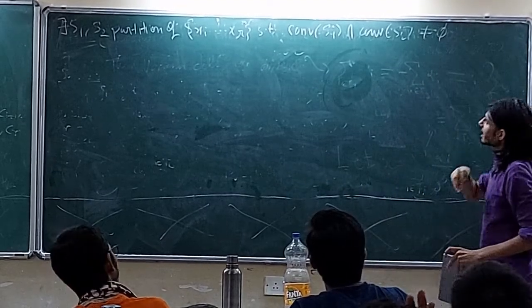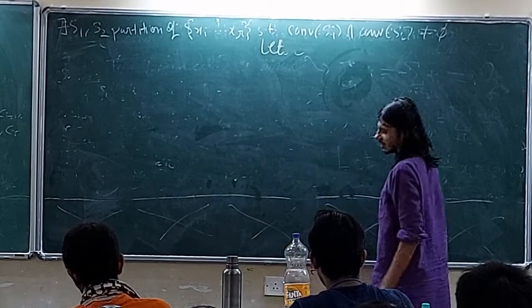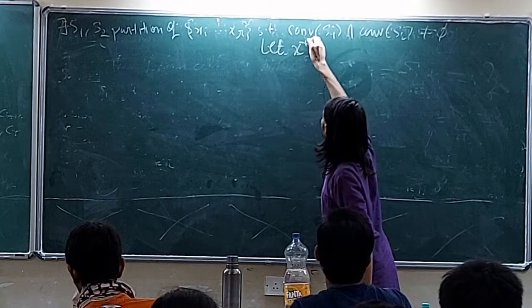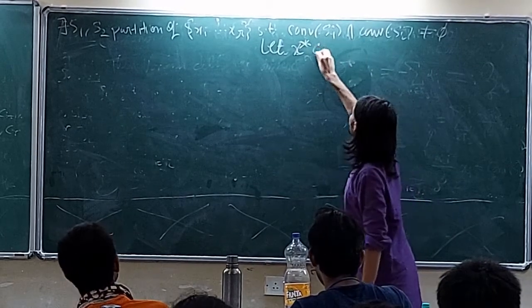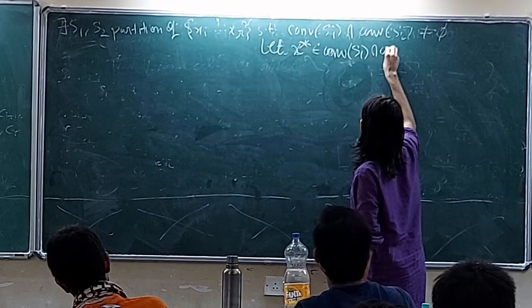Okay? Let's take a point in this intersection. Let x star, I'm going to rename this because I have x stars, be in conv of S1.